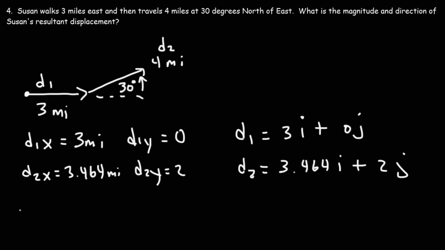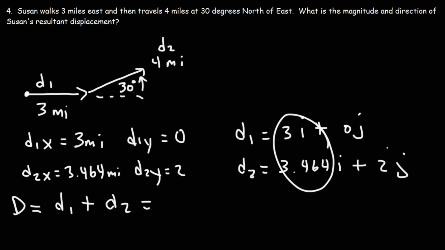So now let's calculate the resultant displacement. The resultant displacement is the sum of these two vectors. It's d1 plus d2. And what we need to do is basically add the horizontal components and the vertical components together.